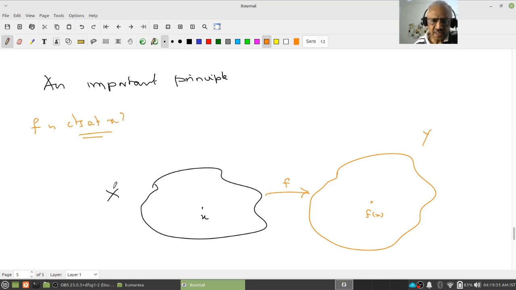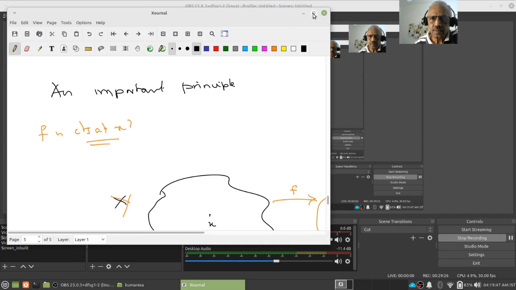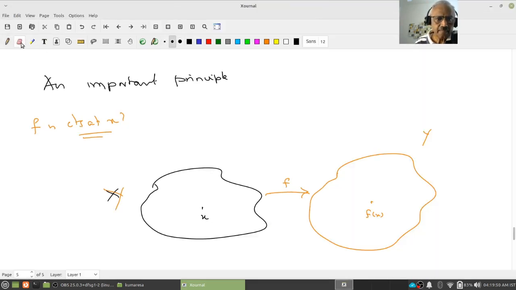Maybe, sorry, let me say y, because that will look more natural, and this as z. Let me erase these things. So let this be a point y, and let this be z, and this is the point f(y), right?